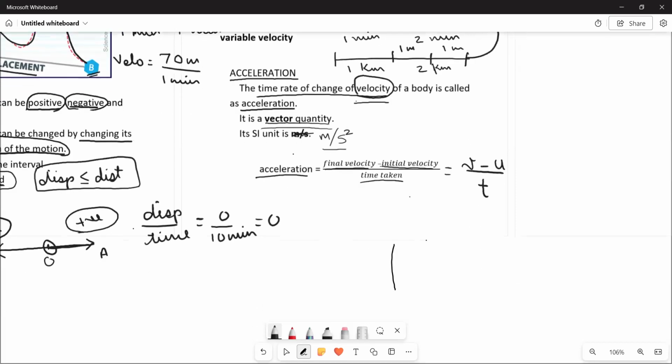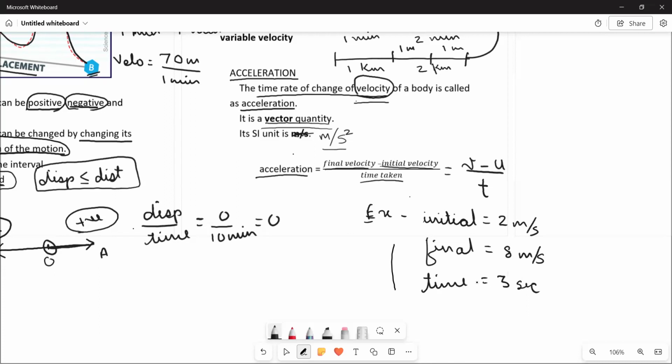If we consider an example, say our initial velocity was 2 meters per second, and our final velocity becomes 8 meters per second, and our total time taken was 3 seconds.